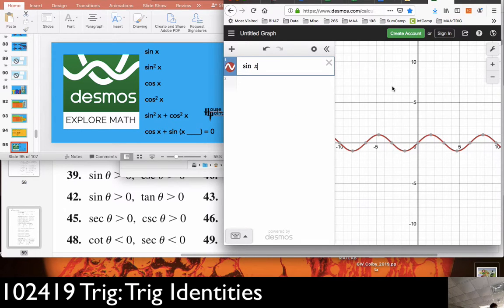Okay. So this is showing you for all values of theta what the sine value is. What do you notice about that? How would you describe that? It's a wavy line.